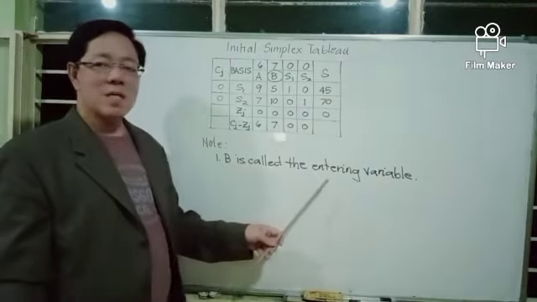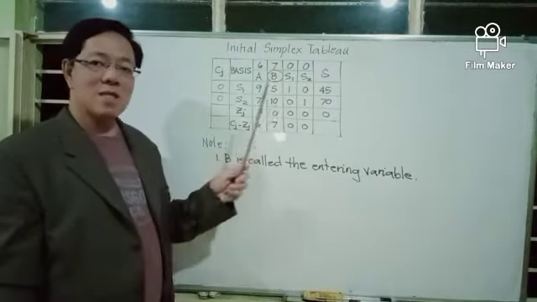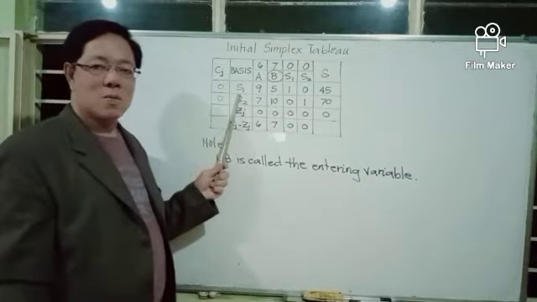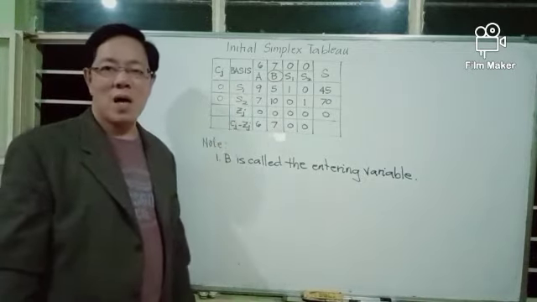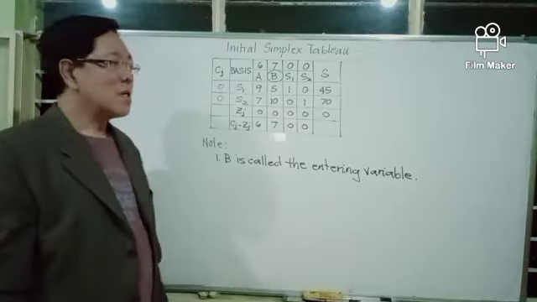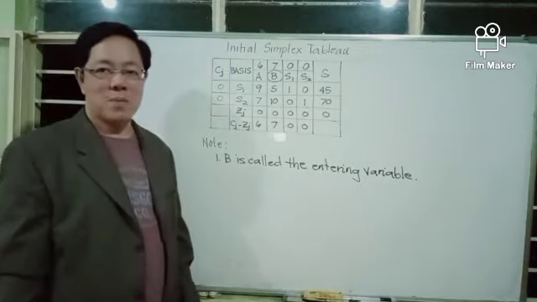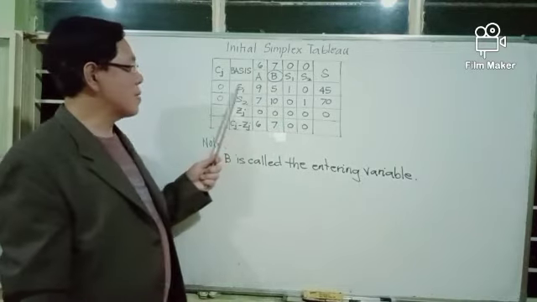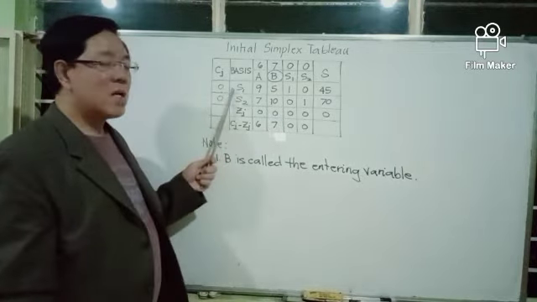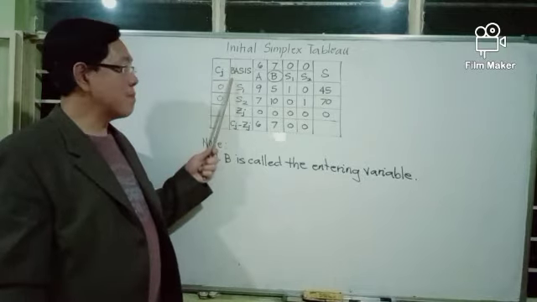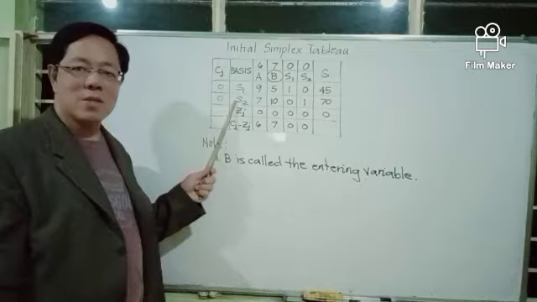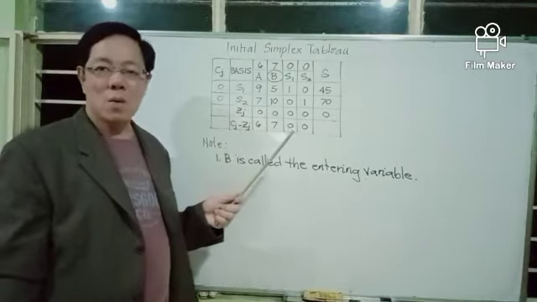Because b is our entering variable, in the second simplex tableau, b will enter the basis column, which means that b will now have a value in the second simplex tableau. Now, for the decision variable b to enter the basis column, one of the variables in the basis column, either the slack variable S1 or the slack variable S2, will go.